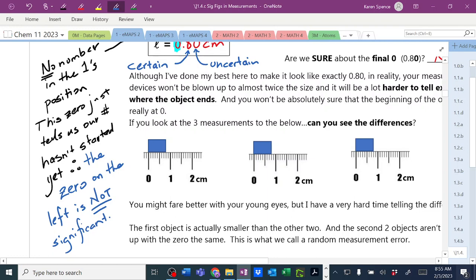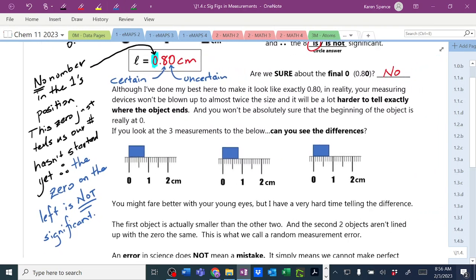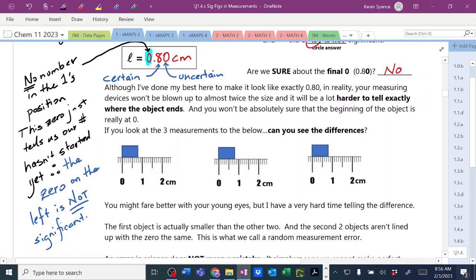And that's actually going to be one of our rules, is that zeros to the left of the rest of the number are not significant, and we'll come to that in just a little bit.